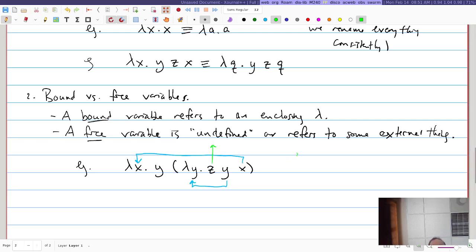So green is free, and blue is bound. And what about this y? Here, what do you think? I think it's free. Think it's free? We don't think. Andre agrees. Yeah, it is. So even though I have a lambda y here, this y is not inside that lambda. So this y is not referring to this. It's referring to something else outside. It's like scopes, right?